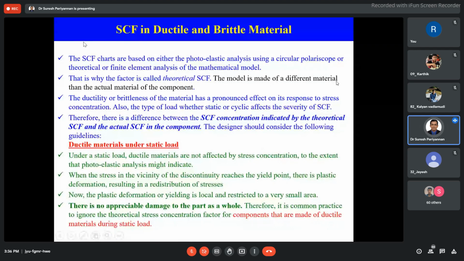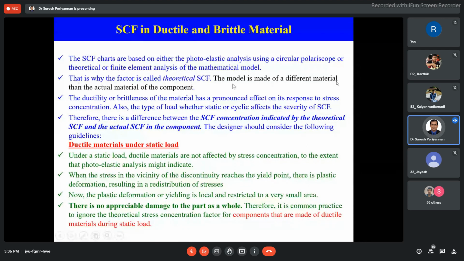The stress concentration factor charts are based on photoelastic analysis, experimental work using a circular polariscope, theoretical work, or finite element analysis. Hence this is called a theoretical stress concentration factor, because in practice the stress concentration factor may vary while the component is in practical condition. That's what we are saying. This is a theoretical stress concentration factor.